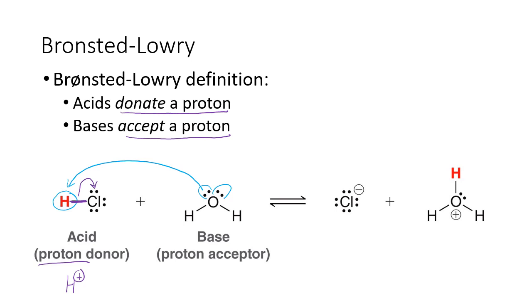So now our base, which was water, has picked up that extra proton to form H3O+, which is the hydronium ion. Notice the oxygen in the hydronium ion is actually the atom that is bearing the positive formal charge. Normally we just said H3O+, that molecule has a +1 charge overall.